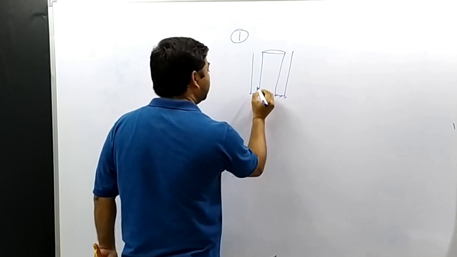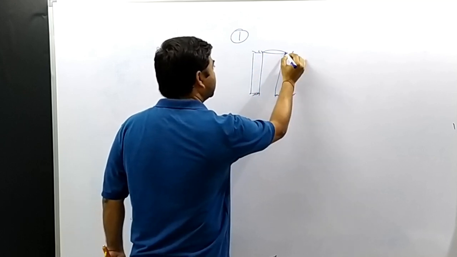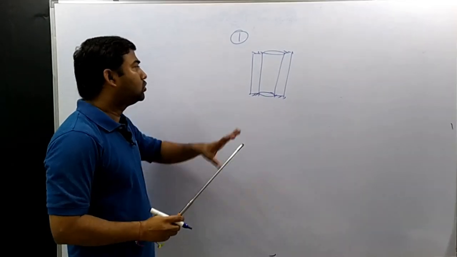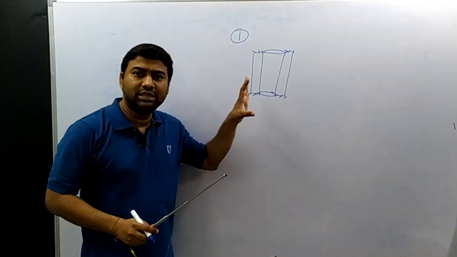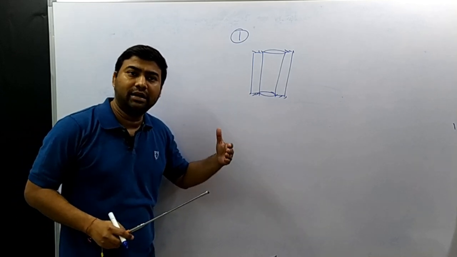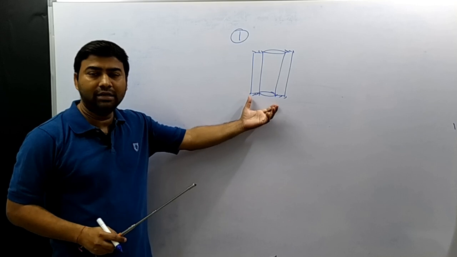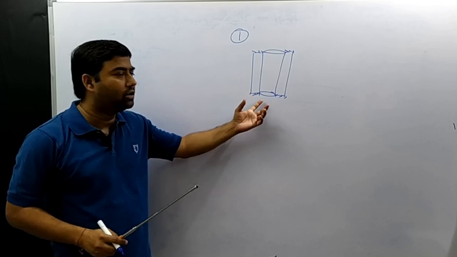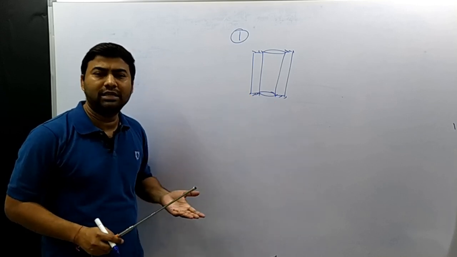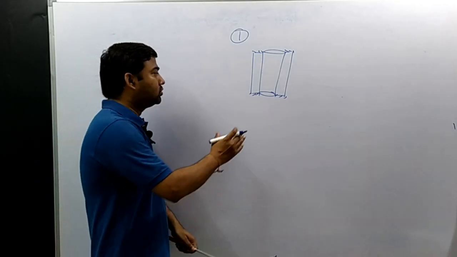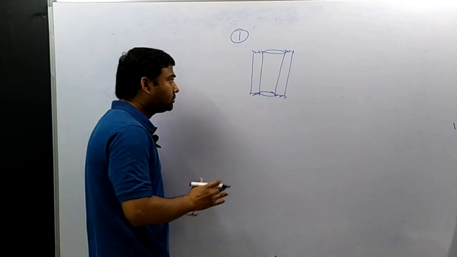Even though you don't need to know at this stage, you will study all these things in engineering. So you can assume a load cell, which is used to measure and detect heavy loads, is a cylindrical, hollow, stainless steel or any other material object. So it's a hollow cylinder.